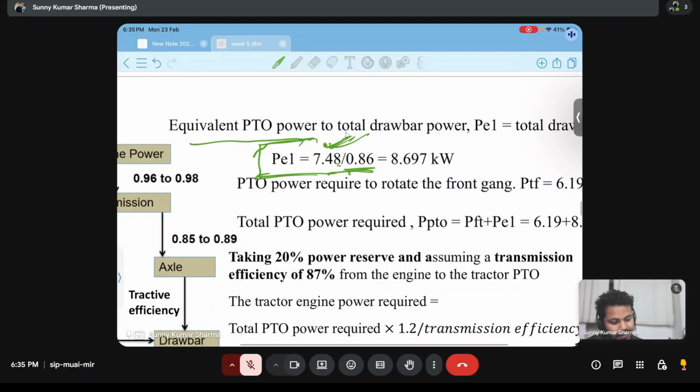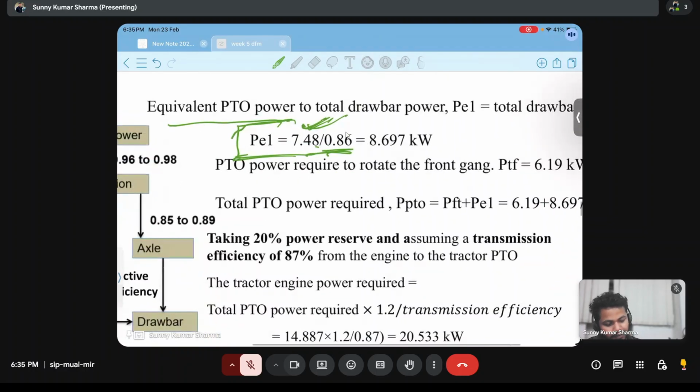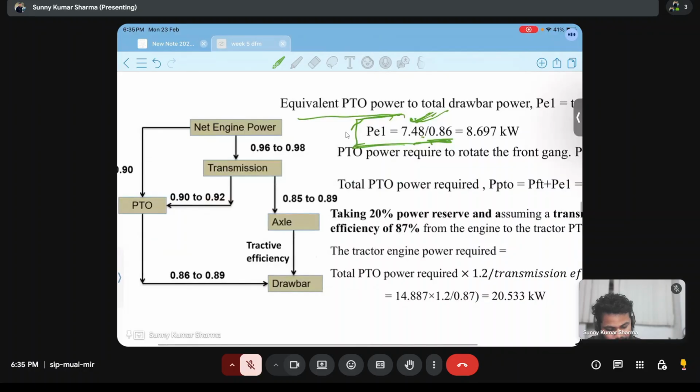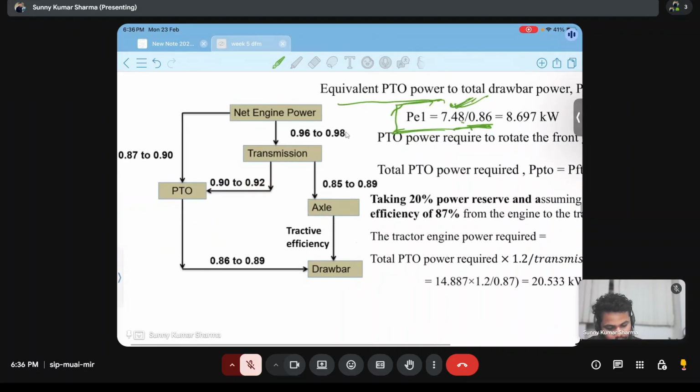7.48 by 0.86, since transmission efficiency from PTO to drawbar is 0.86 to 0.89.